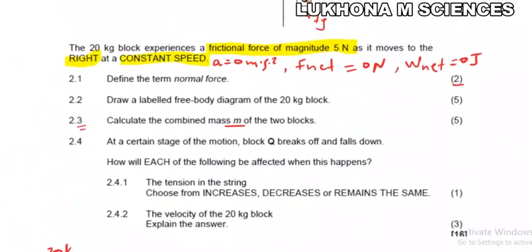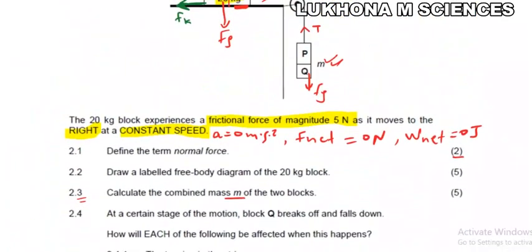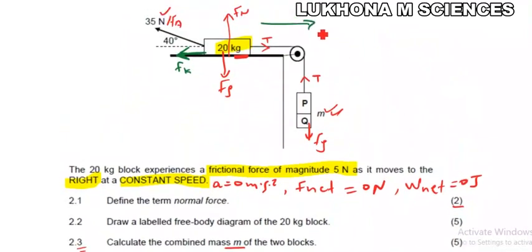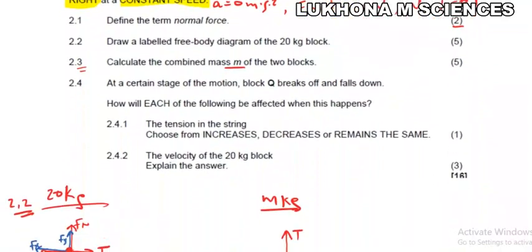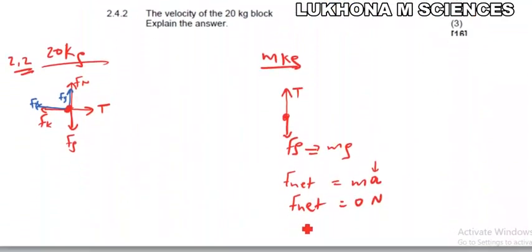If the system is moving to the right, in this direction, then this one must be positive and the tension must be negative, like friction. So we have Fg, which is positive, minus the tension, equal to 0. But we do not have the tension, which means we need to go to the 20 kg block.